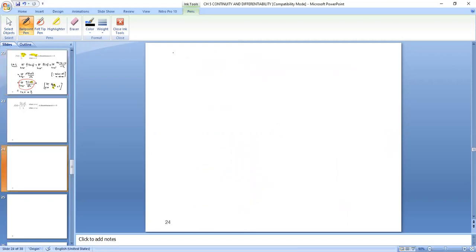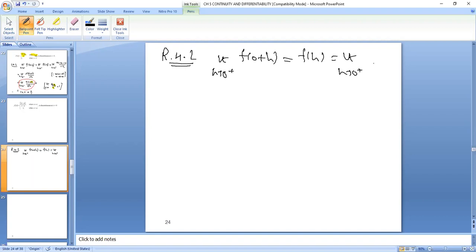Now we will be finding the right hand limit. For the right hand limit, we will be having limit h is tending to 0 positive, f of 0 plus h, means f of h, means limit h is tending to 0 positive, sine 3h upon h.